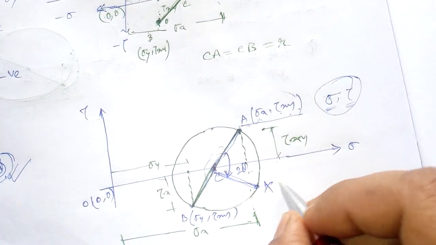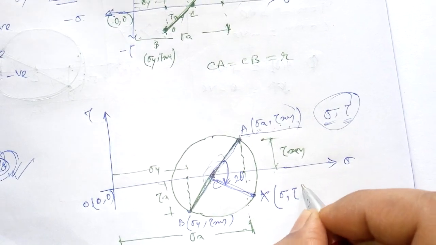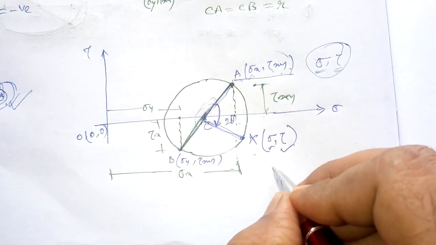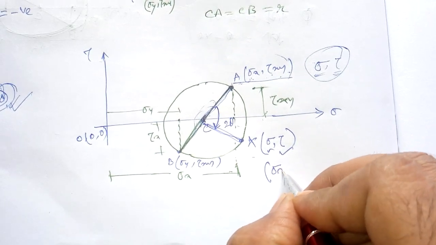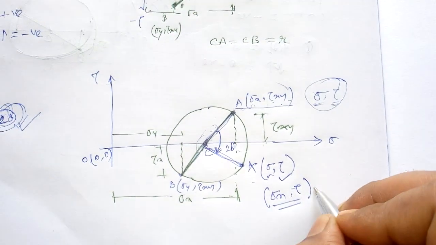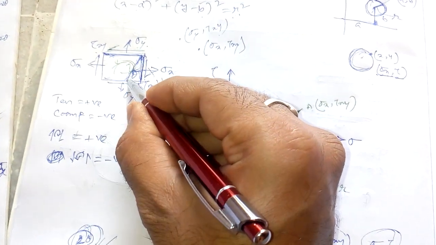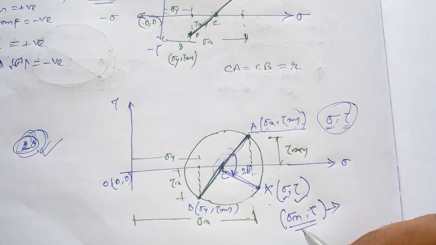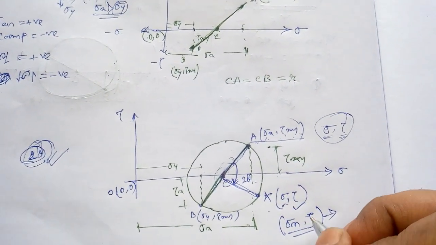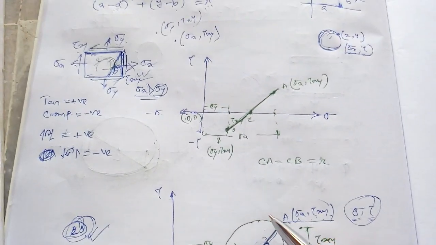So obviously this X will have some value of sigma and tau. This sigma and tau will be nothing but the sigma and tau value for the particular plane which is having theta, right? So in this manner we can find out the sigma n and tau value for a given section.